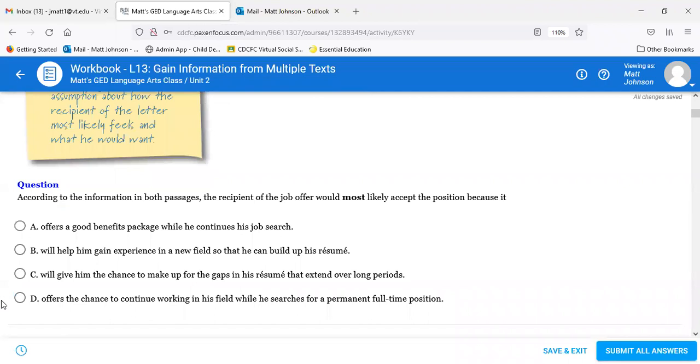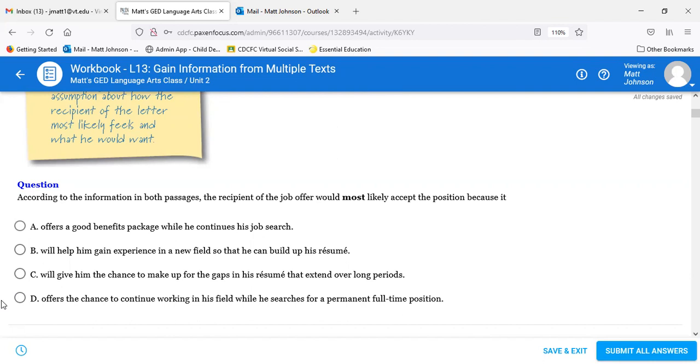All right. According to the information in both passages, the recipient of the job offer will most likely accept a position because it A, offers a good benefit package while he continues his job search. B, will help him gain experience in a new field so that he can build up his resume.